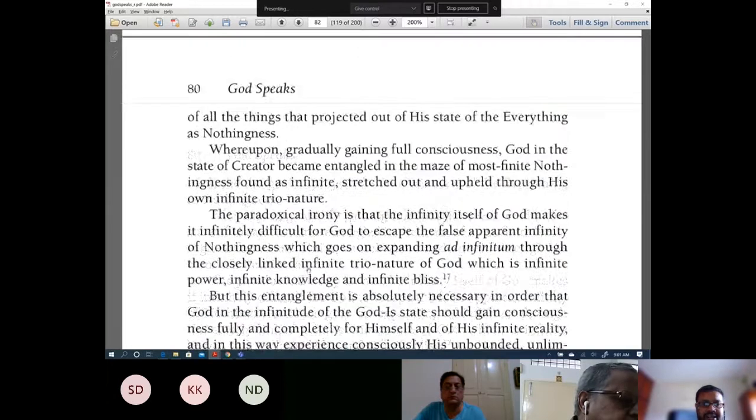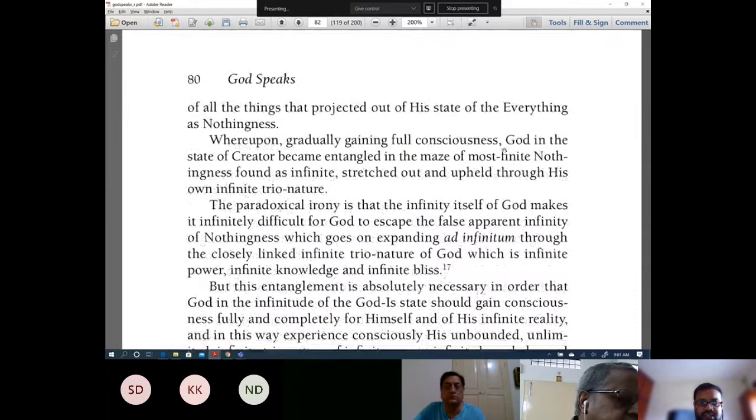Whereupon, gradually gaining full consciousness, God, in the state of Creator, became entangled in the maze of most finite nothingness, found as infinite, stretched out and upheld through his own infinite trio nature.